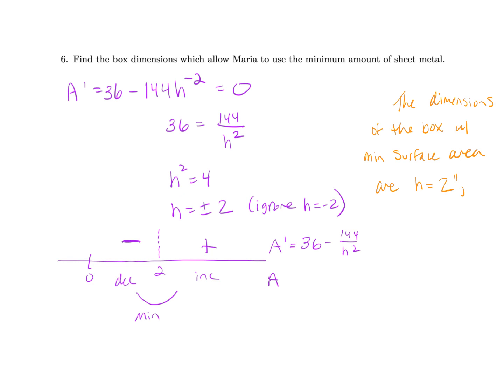Okay, the length L, remember we solved for L at one point and it was 12 over H. 12 over 2 is 6 inches. And the depth was constant. 12 inches.